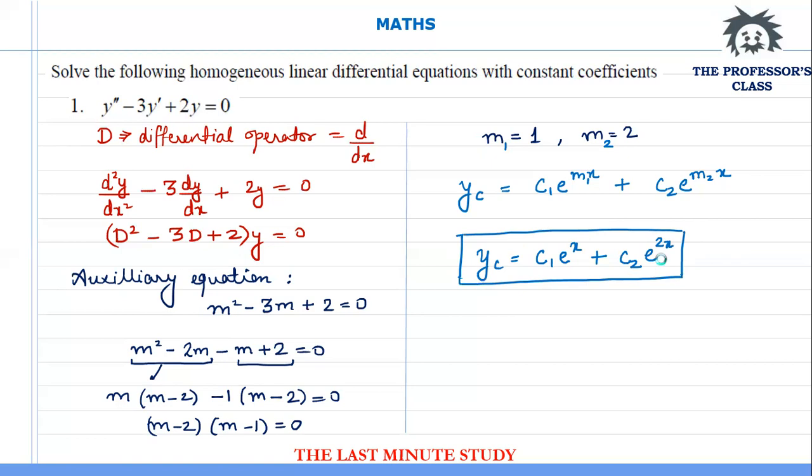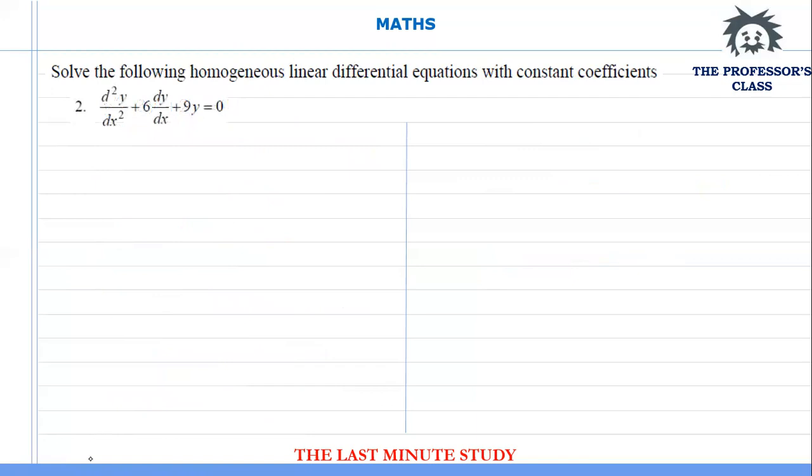Let's try to see the next question over here. Now, in this case, I hope you remember the differential operator. d square y by dx square plus 6 dy by dx plus 9y equal to 0 can be written in the form of D square plus 6D plus 9 of y equal to 0.